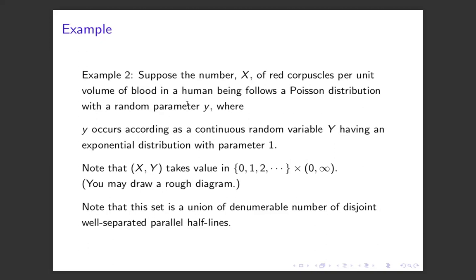Since X has a Poisson distribution with a certain parameter, it will take values in the non-negative integers, 0, 1, 2, etc. And Y has an exponential distribution, so it will be taking values in the infinite open interval 0 to infinity.